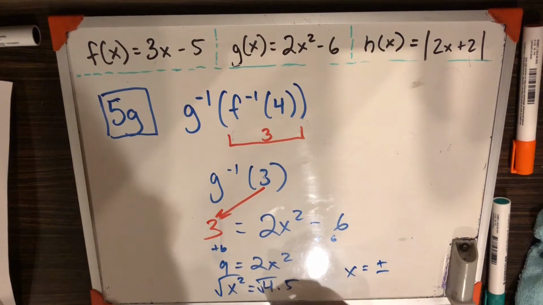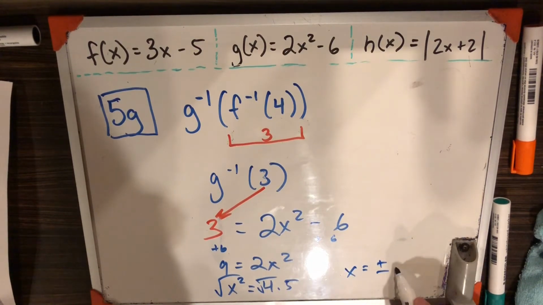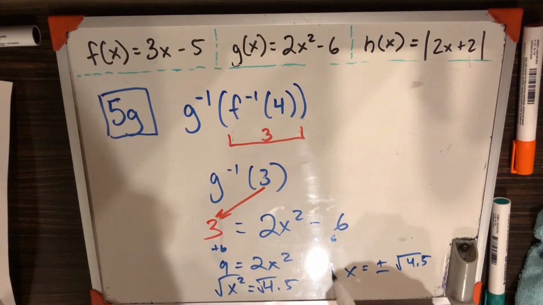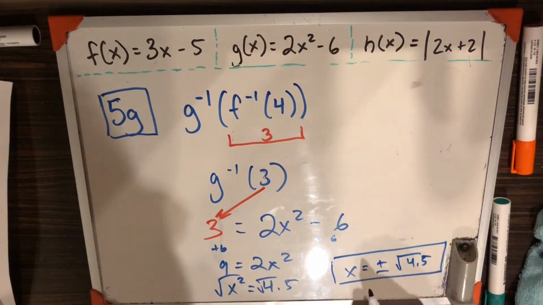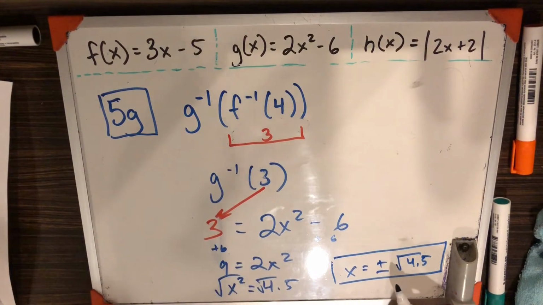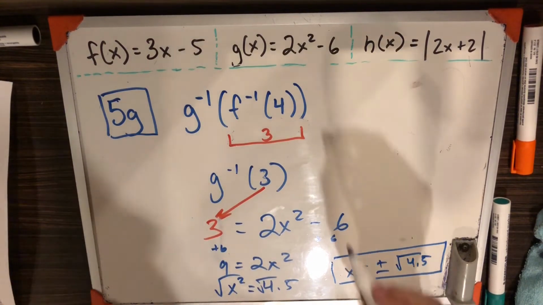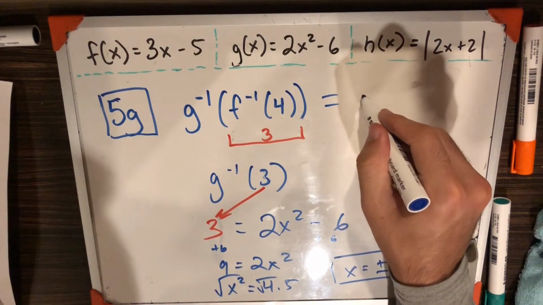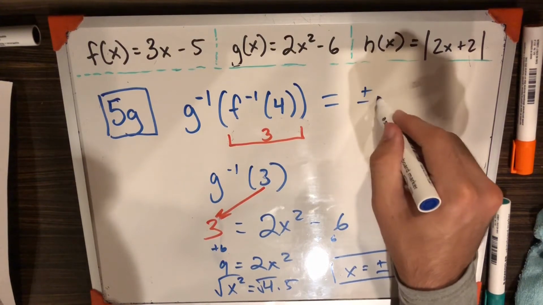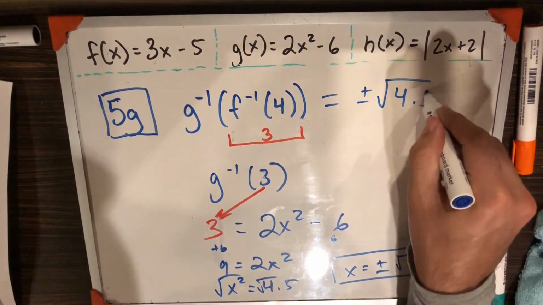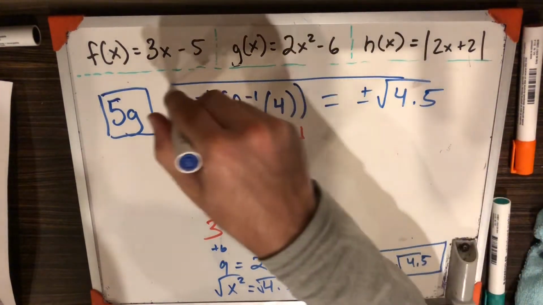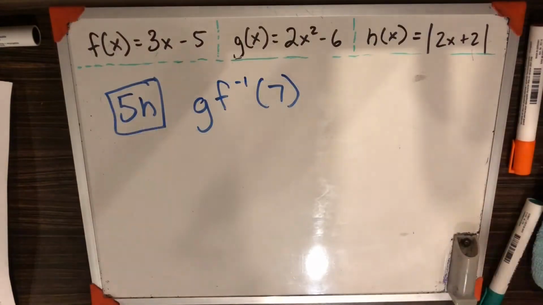Again, with a square root in an equation, you have to do plus and minus the square root of 4.5. So this would be your answer: plus or minus the square root of 4.5. So here's your answer.